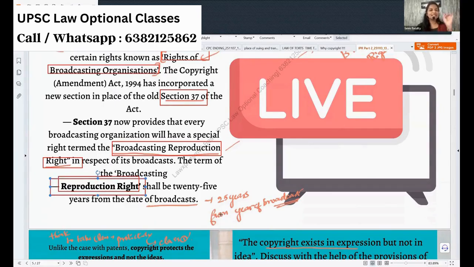And this right is available to them for 25 years. So you see that film, if at all Netflix and all did not come, I would be seeing the same film for 25 years. They will get the paisa vasool there. They will put it again and again. That's what is called the reproduction rights of the broadcasting agencies. So please do remember that.